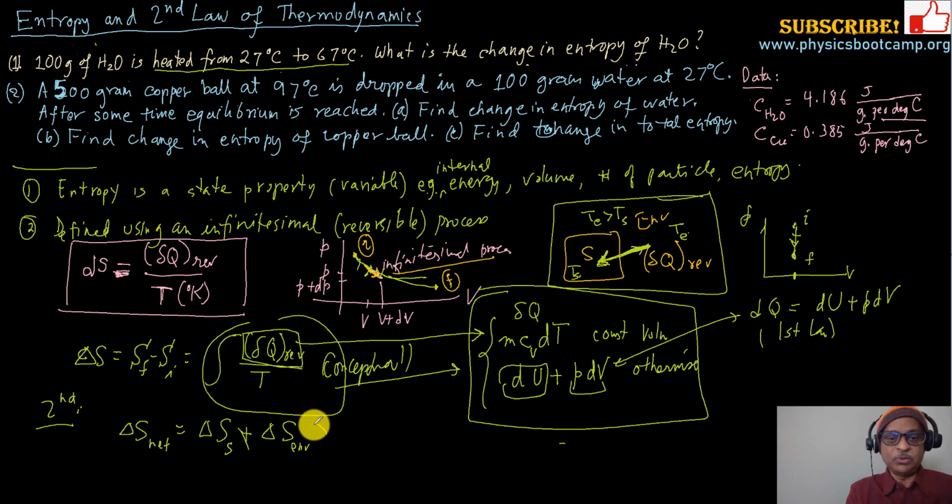But this will always be greater than or equal to 0. It will be 0 if the process is reversible. So we define it as reversible if it's 0. So if it's 0, then we call that process reversible.